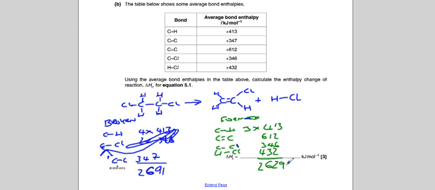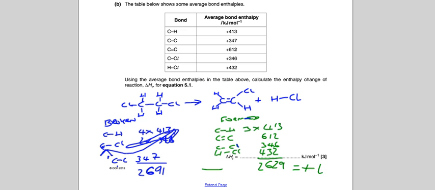Then all I've got to do is take this number from this number, so I've got 2691 minus 2629, and it gives me an answer of plus, bond enthalpies are always positive, the result 62.